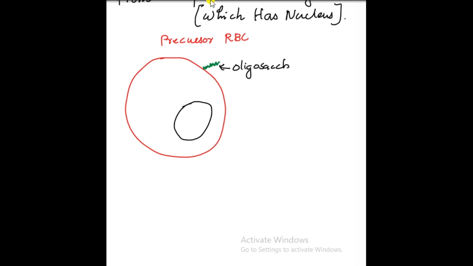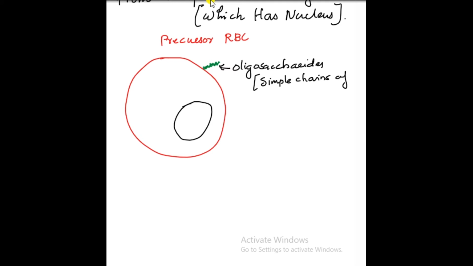Okay, for example, erythroblast. I am drawing an erythroblast. The formation of RBC is known as erythropoiesis, right? Hematopoiesis occurs in the bone marrow, and the RBC formation is known as erythropoiesis. In the precursor RBC we have an oligosaccharide, which means a simple chain of monosaccharides.